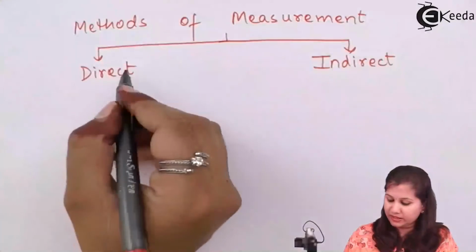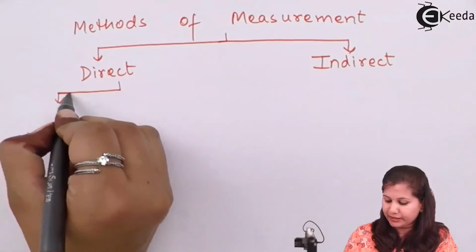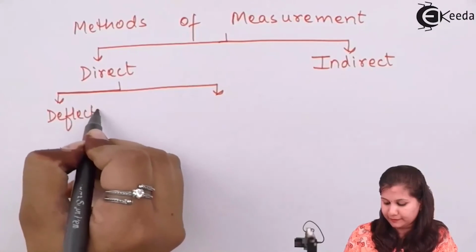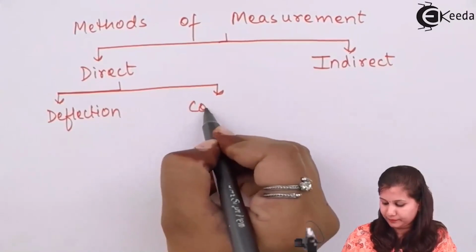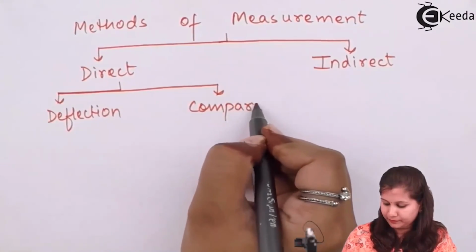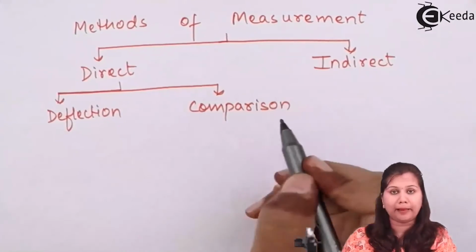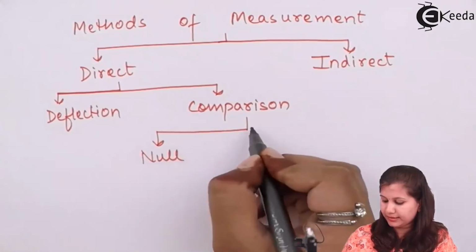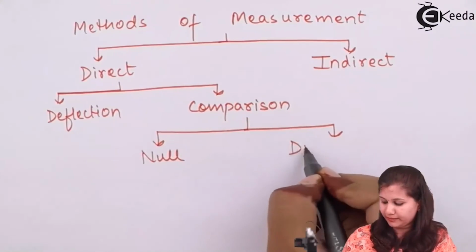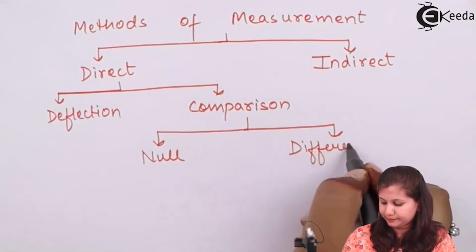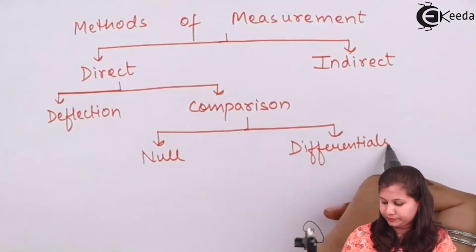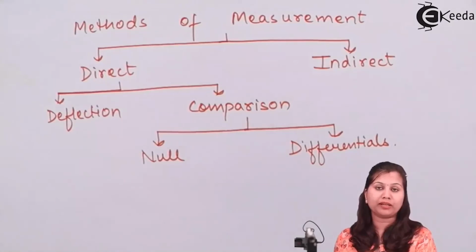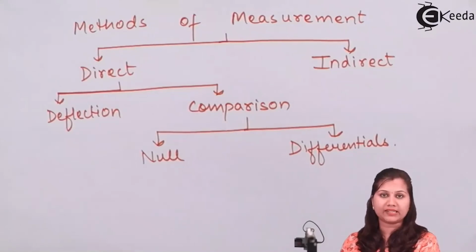Direct methods are further classified into deflection methods and comparison methods, and comparison methods are further classified into null methods and differential methods. So these are the various types of methods of measurement which we studied in this video.